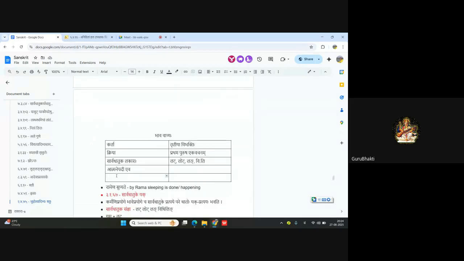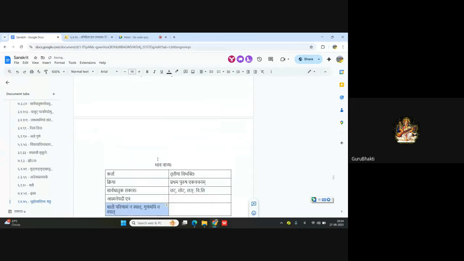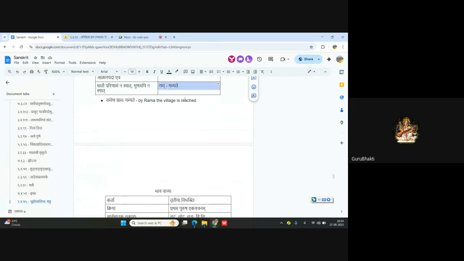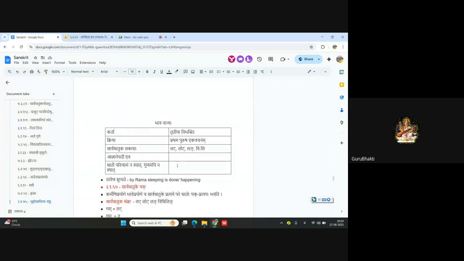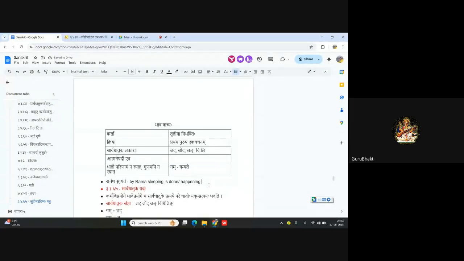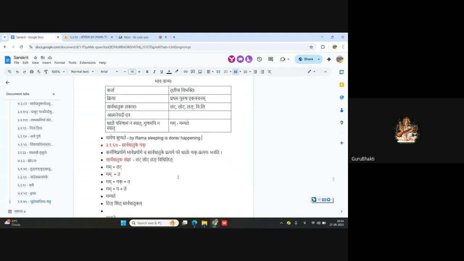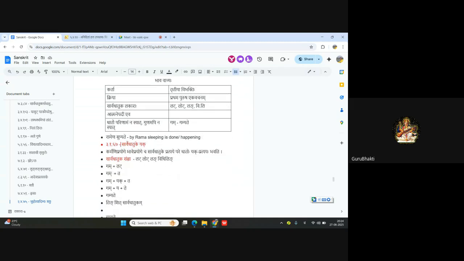Same three points, same for Bhava Vachya also. Did we see this sutra? Sarvadhatuke yak. Yes.